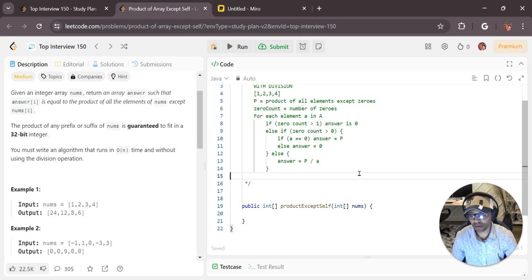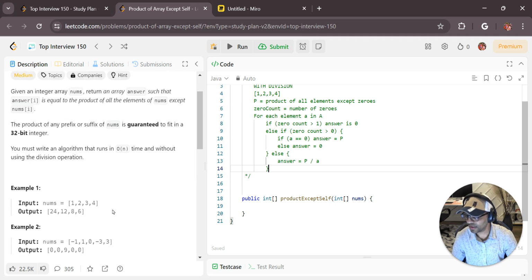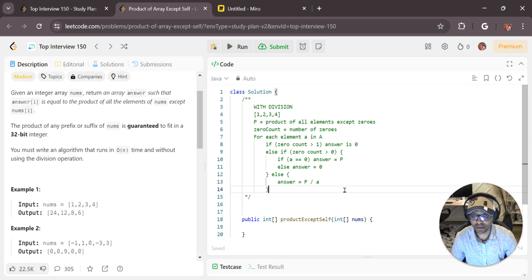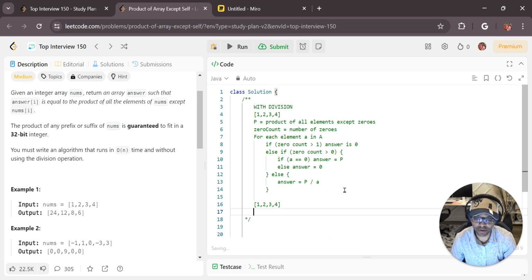I think let's go back to why they were given prefix and suffix, right? So let's take this example and do suffix and prefix multiplications, because they said they are supposed to fit in 30. I wonder why they said that.